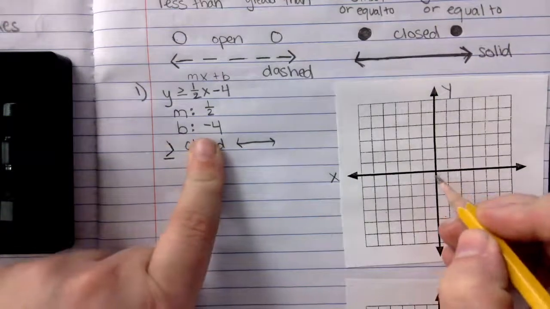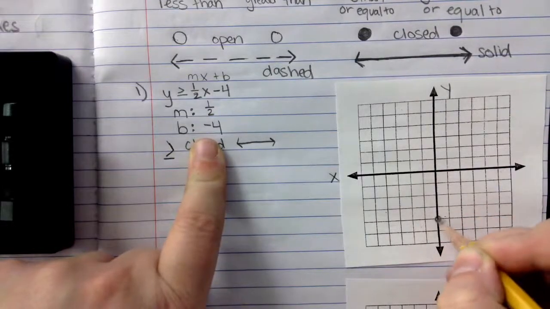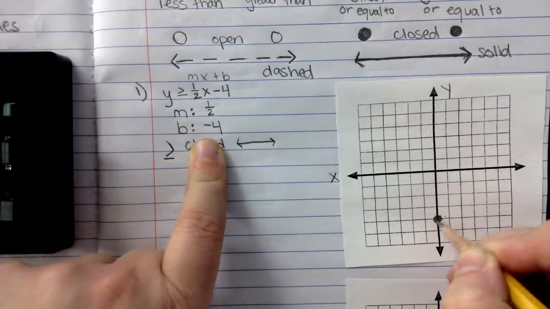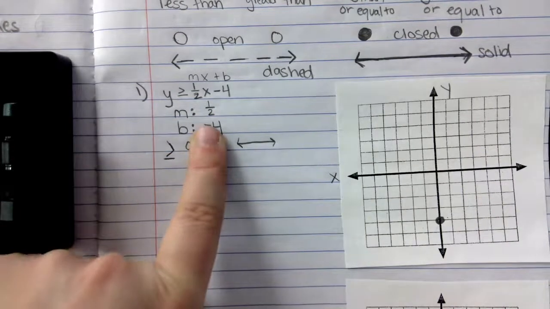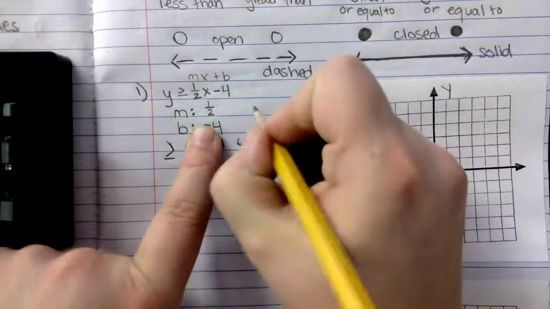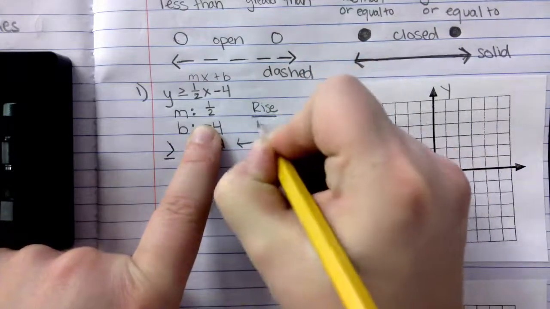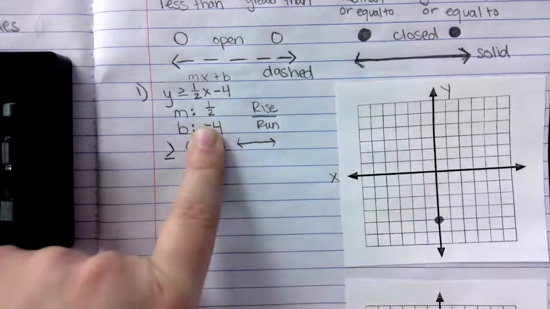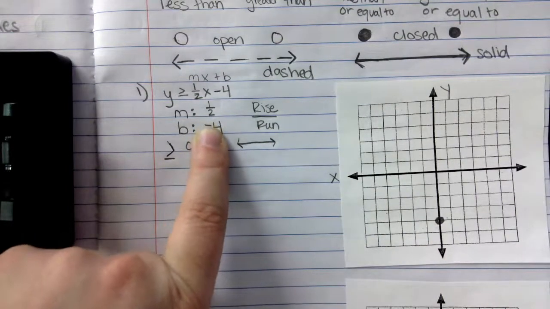Now from that point, we're going to do our slope, our m. If you need to, you can write m as your rise over your run, like we did back in B4. So what is my rise? 1. And what is my run? 2. So 1 tells me to go which direction?